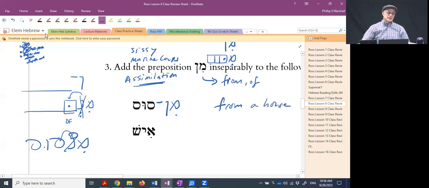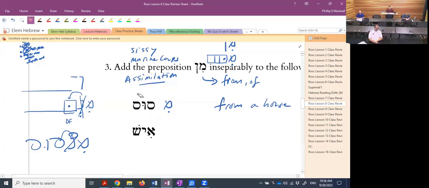But we want to do it the Marine Corps way. Forget this sissy way. How would I do that? Well, I would attach the min directly, and then the min becomes a copy of the samech. So it would become a samech itself. Min sus becomes missus. And then what do I do when I have two letters that are written the same, and one's closing a syllable and opening the next syllable? I just write it one time with what?